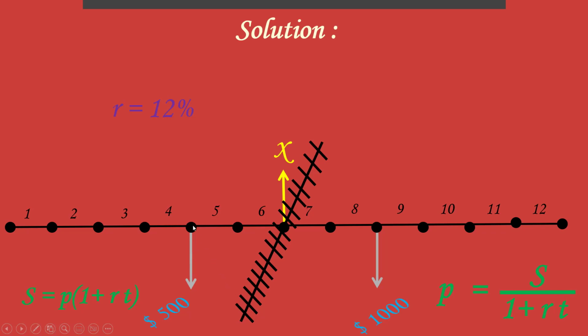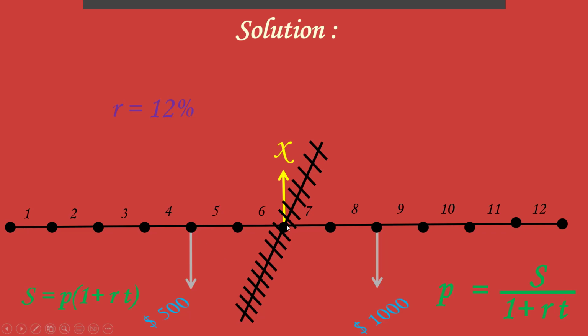So from the end of month number 4 to the end of month number 6, we have 2 months. The distance from 4 to 6.